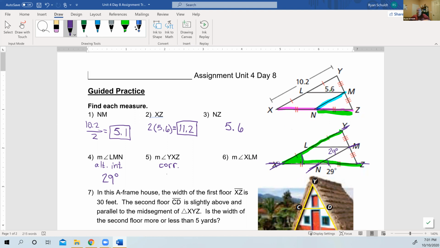Equal. So that means this one is also 29 degrees. I didn't want to erase that. So I know that one's 29 degrees. This one we just found out was 29 degrees.